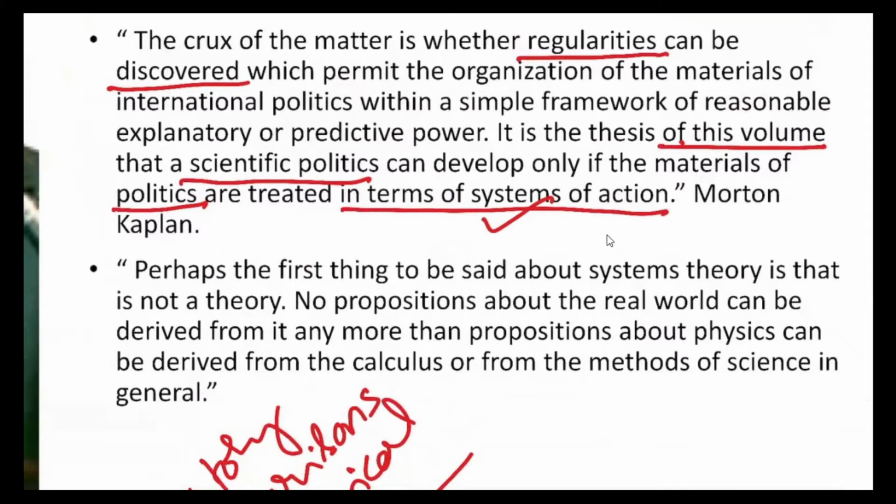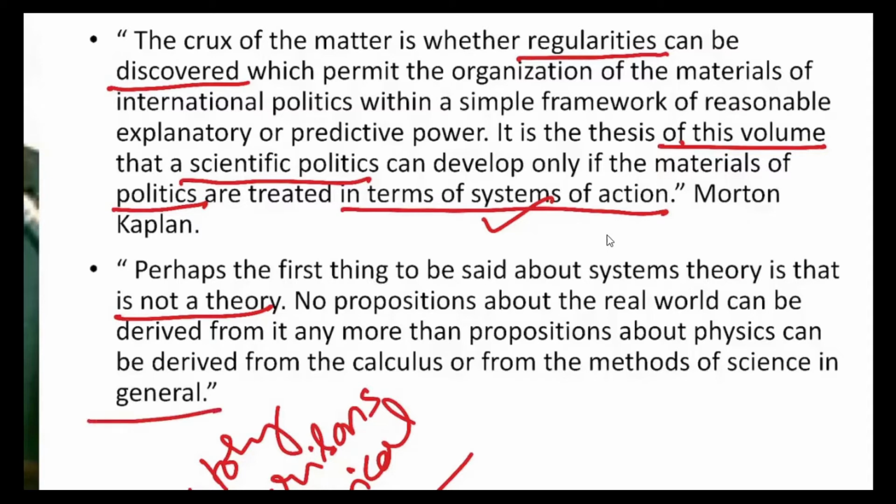And Kaplan is very clear that perhaps the first thing to be said about systems theory is that it is not a theory. No propositions about the real world can be derived from it, any more than propositions about physics can be derived from the calculus or from the methods of science in general.